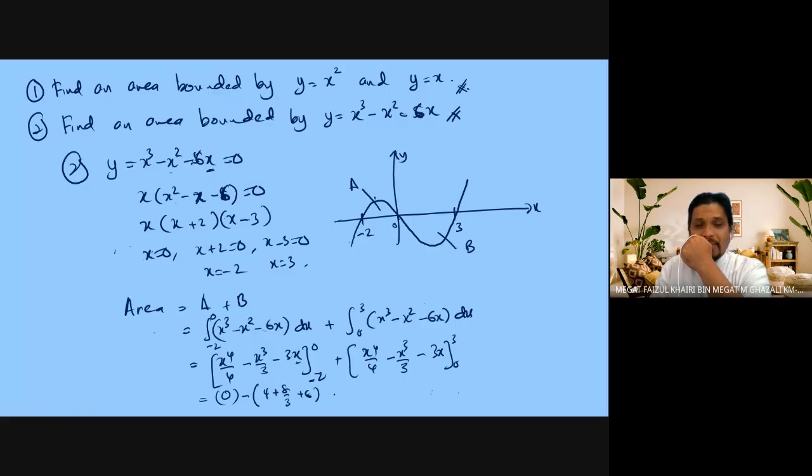Okay, this is for A, and plus for B, 3 to the power 4, 3, 9, 27, 81. 81 over 4, and 3 cubed, 27 divided by 3, minus 9, and 3 squared equals 9.